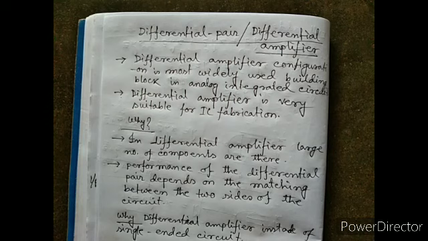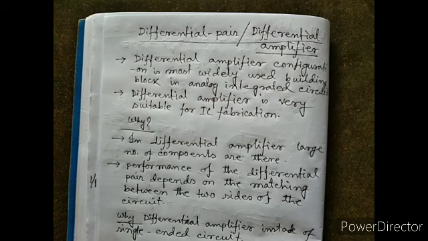Matching depends on the matched transistors. So if we want to get the best performance, matching is very important in a differential amplifier. And in IC fabrication, we can easily fabricate matched transistors. So the differential amplifier is suitable for IC fabrication.